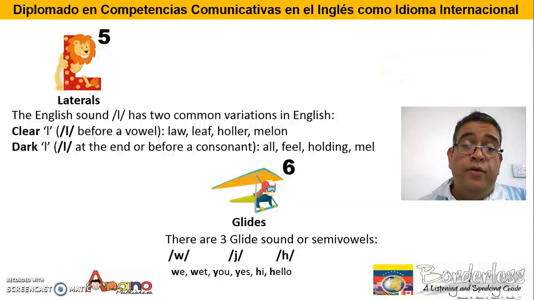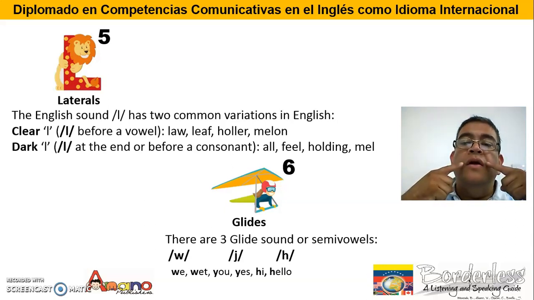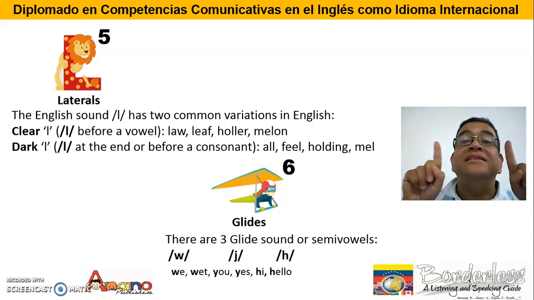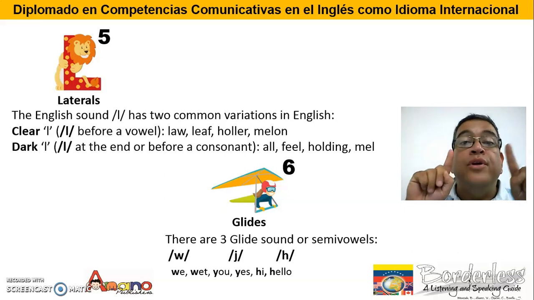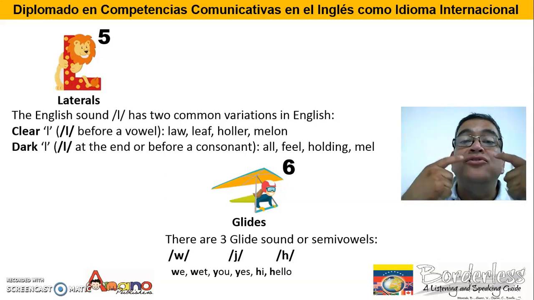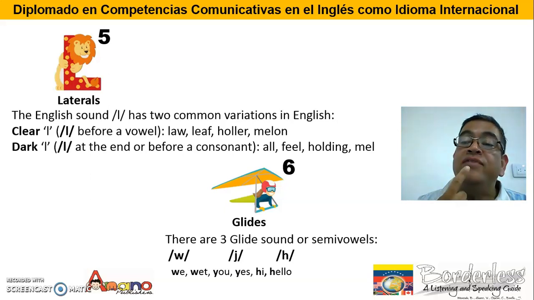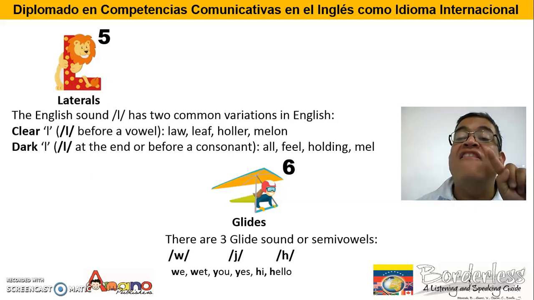Moving on to the 5th group, we have the lateral sounds. The lateral sounds, or sometimes they are called the liquid sounds, is because the air comes from the sides, from the lateral sides of the tongue. When you pronounce the L, you say L, and the air comes from these 2 holes that are made between the tip of the tongue and the alveolar ridge.